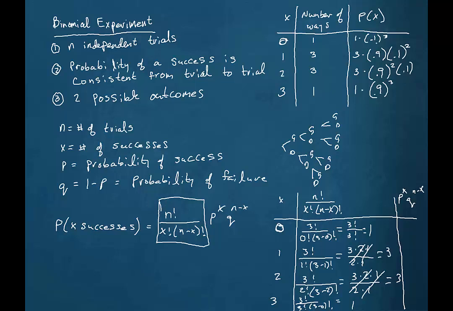So if p is 0.9, that was the probability of a success, 0.9 raised to the x, if x is 0, that really just becomes 1. And then we have q, and if p is 0.9, q is 0.1, raised to the n minus x. If n is 3 and x is 0, that just becomes 3, which is the same as what we have here when we figured this out using the tree. And this is going to continue on down like this. So that's how this formula works.